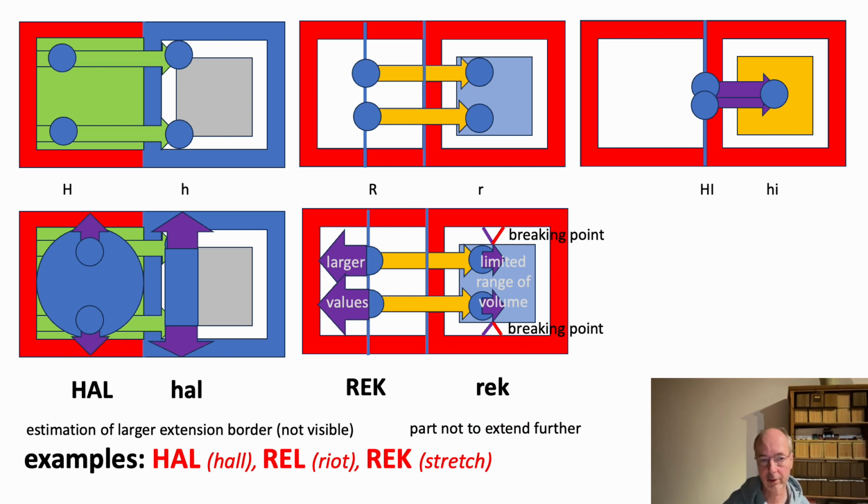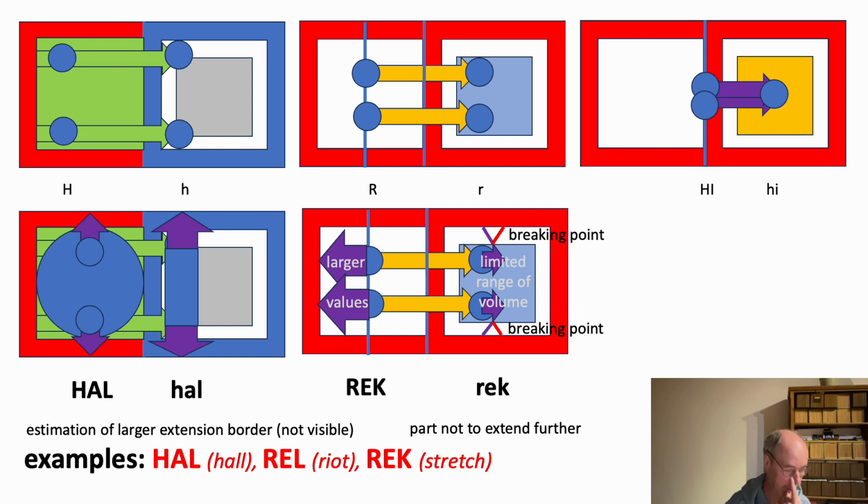REK is a word which means stretch. It also means you can hang something on it. There are some other explanations, but let's not make it too complex this time. We'll translate it as stretch. So the REK will stretch certain limits of the values in the volume. So we will stretch the limits there, and we will see what we can grasp in our own small space.